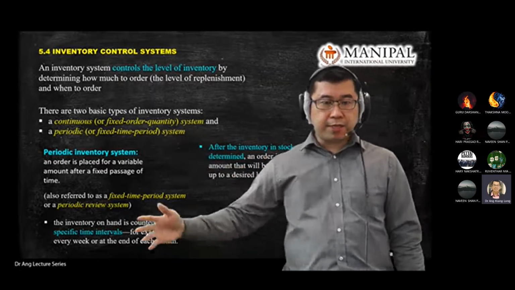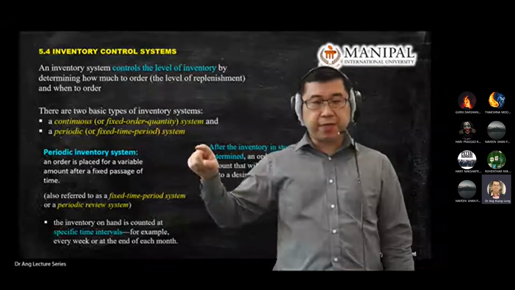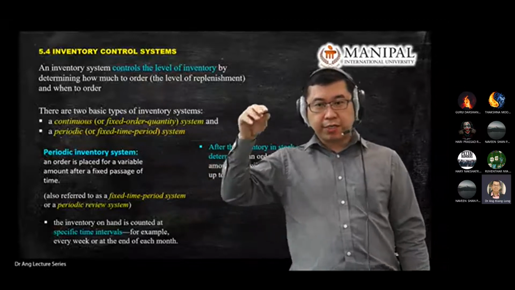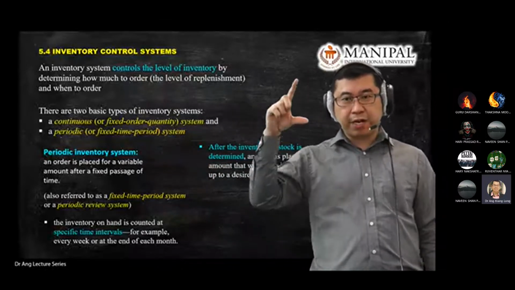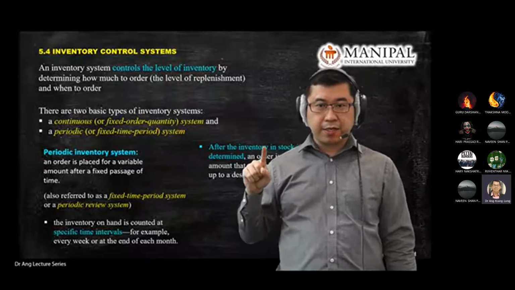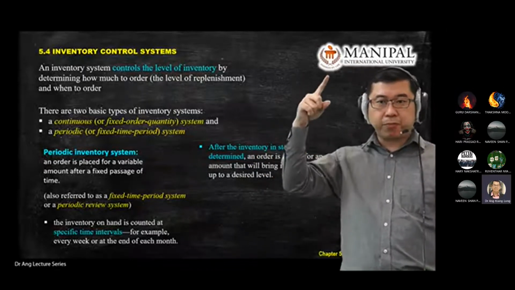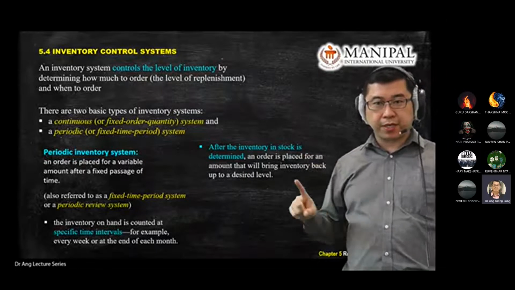So in this periodic system, after let's say 24 hours, the system will check the available items in the inventory, then an order will be placed to top up to maximum capacity.